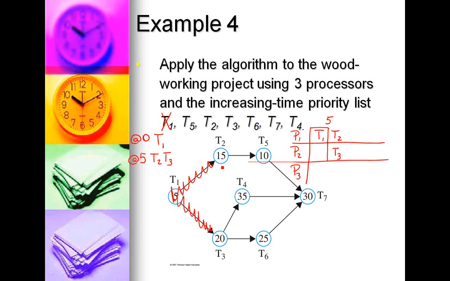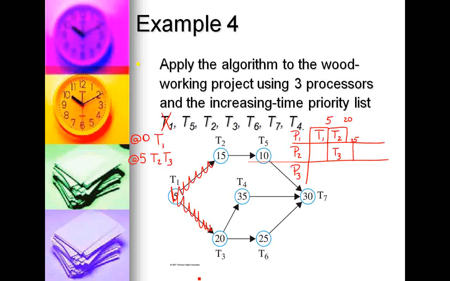So T2 has 15 minutes, so that takes us out to 20. T3 is 20 minutes, so that takes us out to 25. So what we have is a time slot opening at 20.